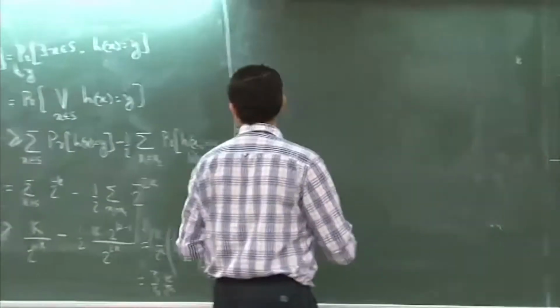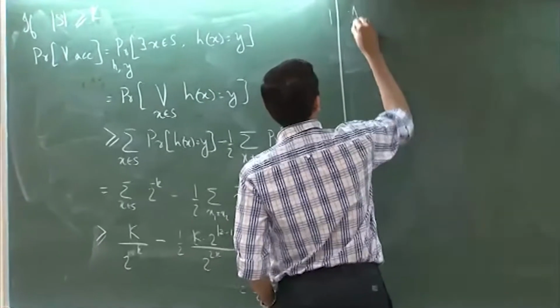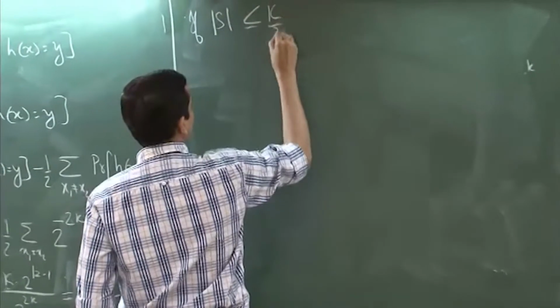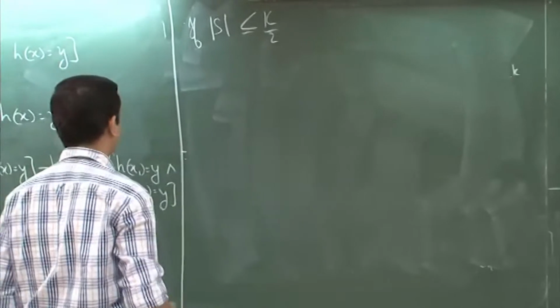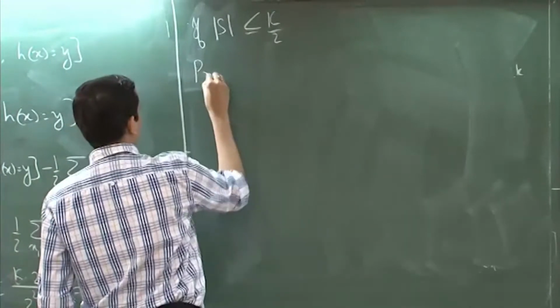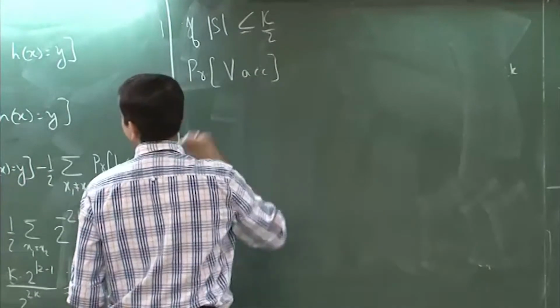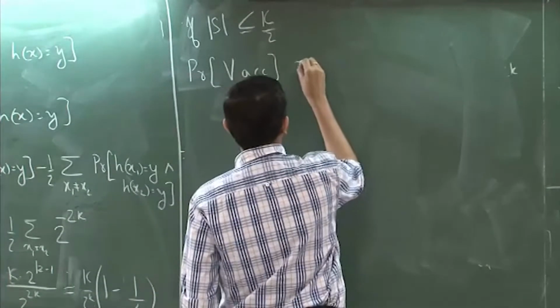So, the other direction is much easier. If s is less than k by 2, then what is the probability that V accepts?